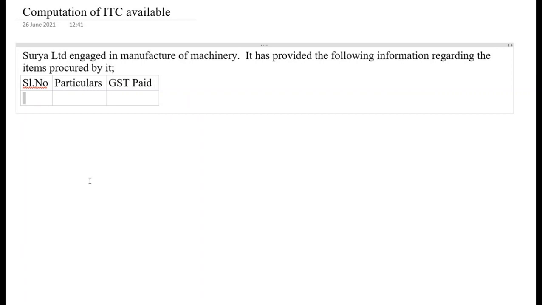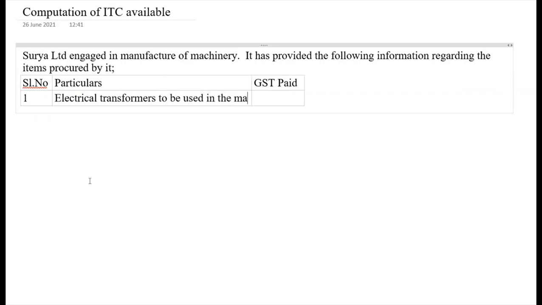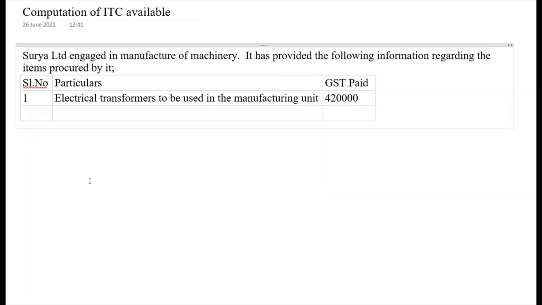In case of serial 1, electrical transformers to be used in the manufacturing unit, rupees 4,20,000.